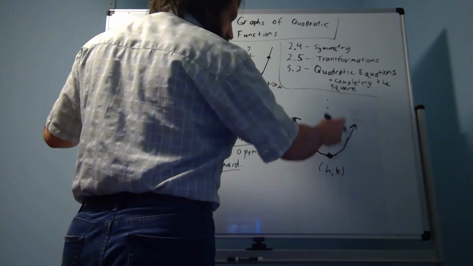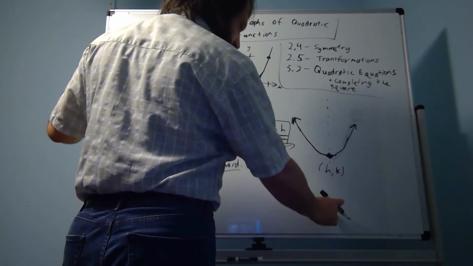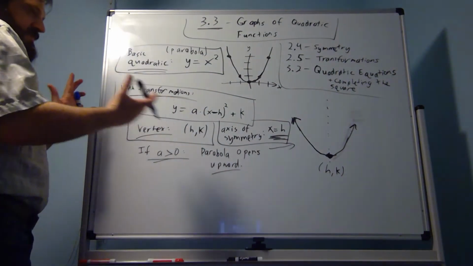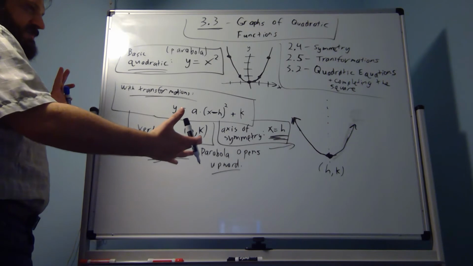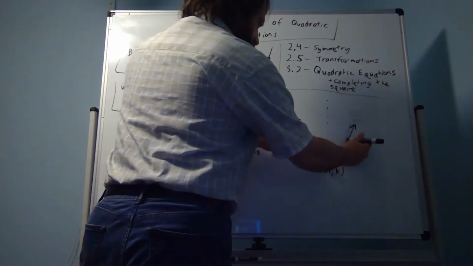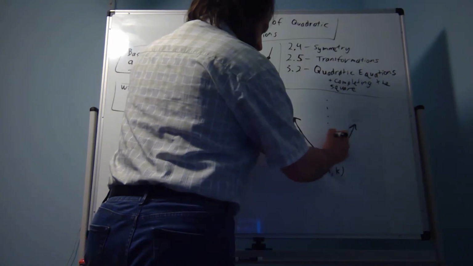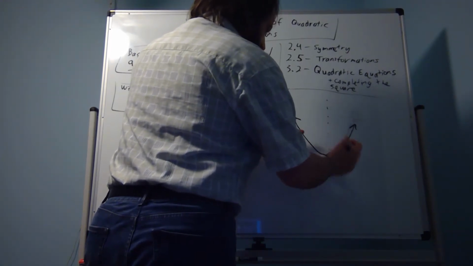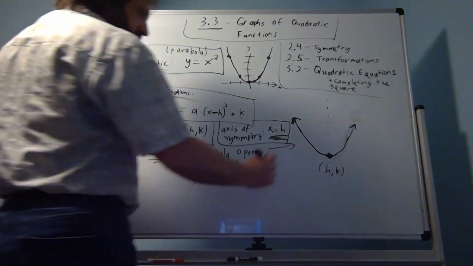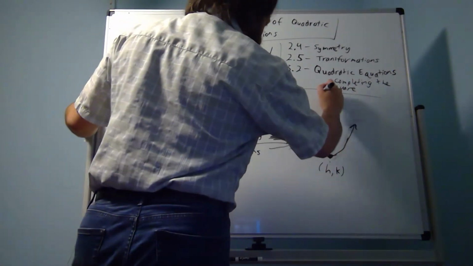Here y can be anything, but this is just a line of symmetry. Everything on the right side of that line is an equal distance from the left side. So these two points are on the parabola, but they're equally spaced from the line x equals h.